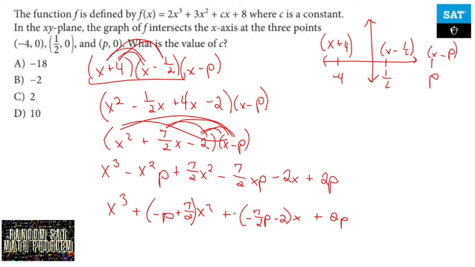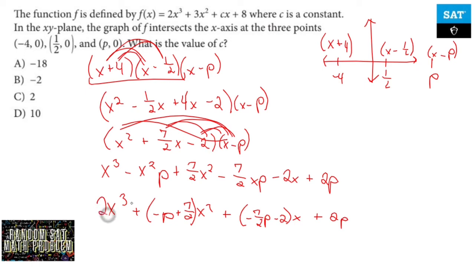Now looking at these, that is not the same as that because that has a 2 attached to it. So I'm going to multiply 2 to everything.